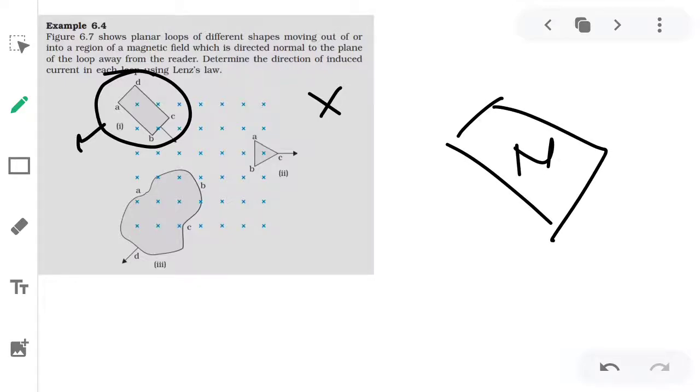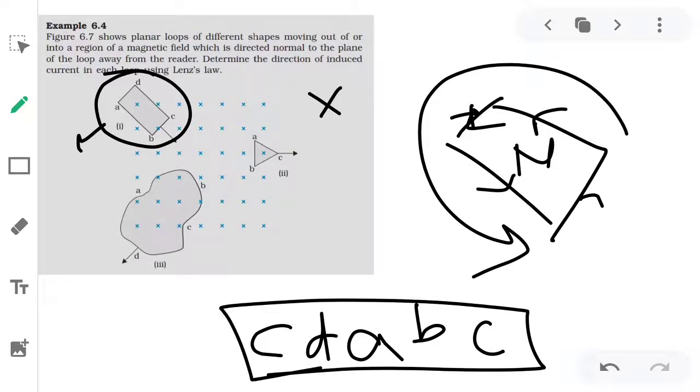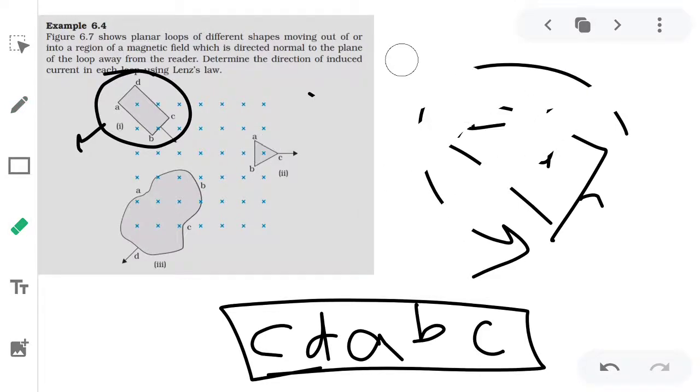North means the current will be in the anti-clockwise direction. So the current will be induced in this direction. So we can say the answer is C, D, A, B, C. Right? Let us see now the second case.